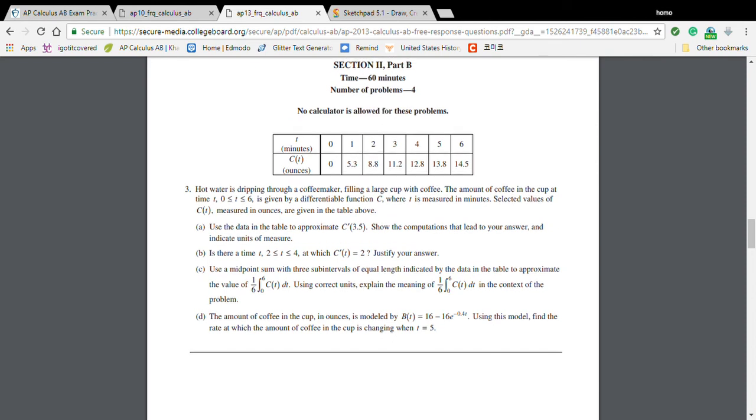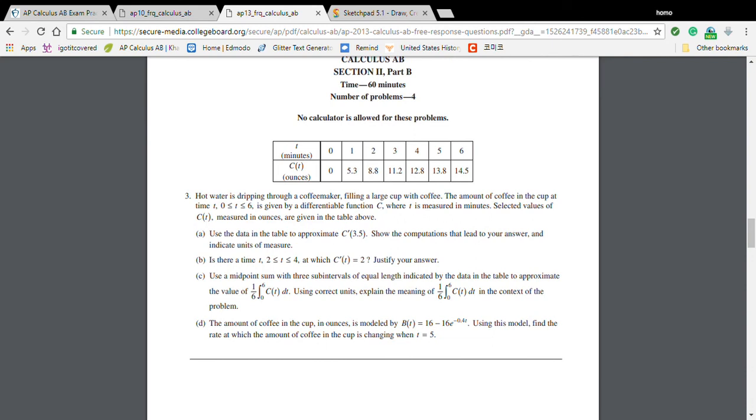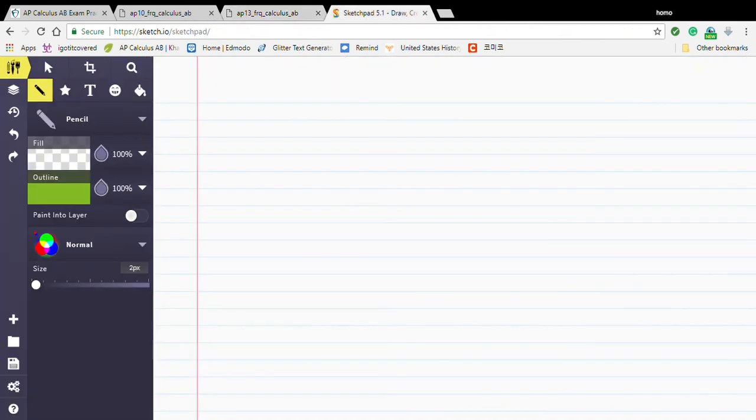We're given a table, we're asked to find this value, and so we're going to find the slope between 4 and 3 to get 3.5. So for A, C prime of 3.5 is basically the slope.